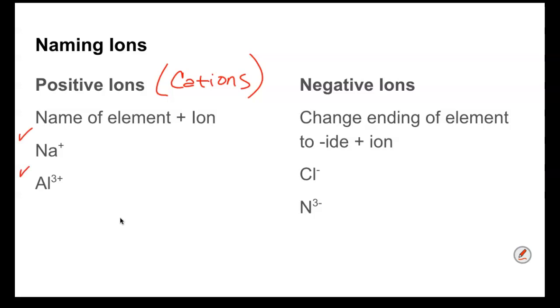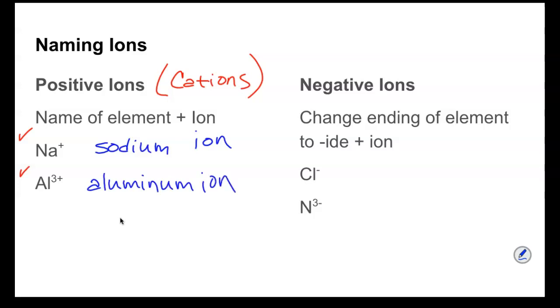In order to write their names, all I do is name the element. So here we have sodium. And all I do is add ion. So that's the sodium ion. We don't change the names of positive ions. And then with aluminum, it's still a positive charge. It's a cation. We're going to call that the aluminum ion.